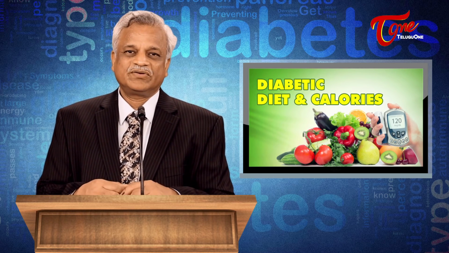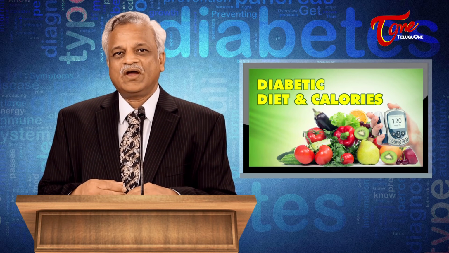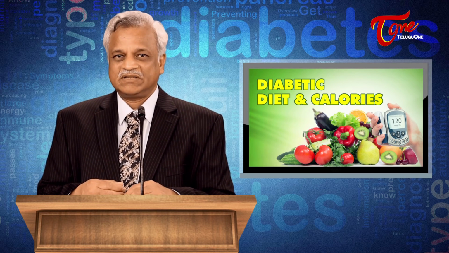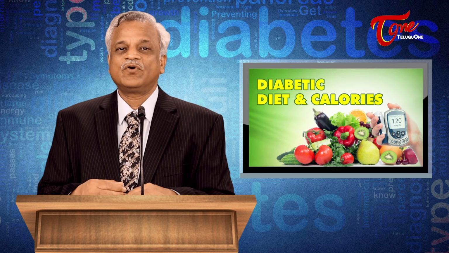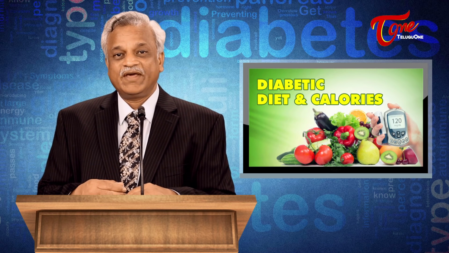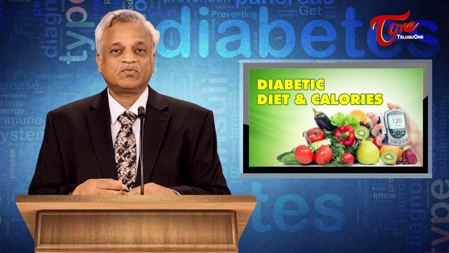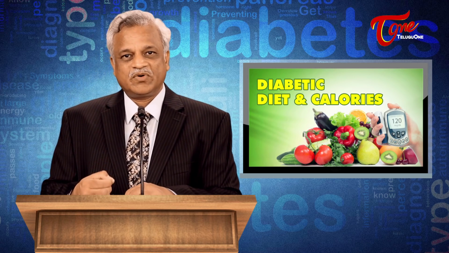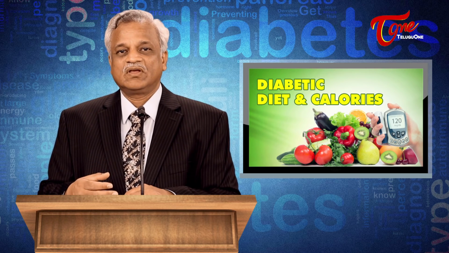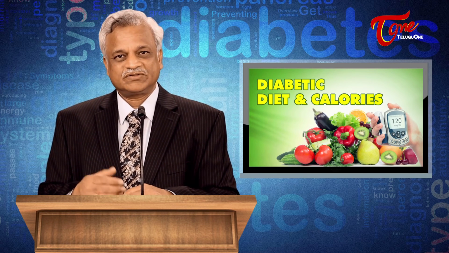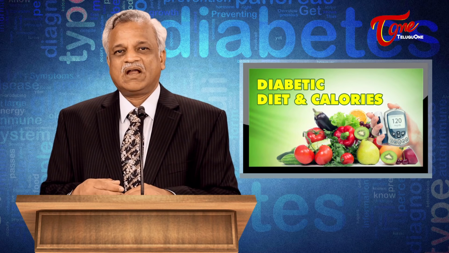You have to remember that carbohydrate, that is sugar, provides 4 calories per gram, whereas fat, that is oil, provides 9 calories per gram. So, even a small amount of oil provides more energy than sugar. That is what you have to remember.